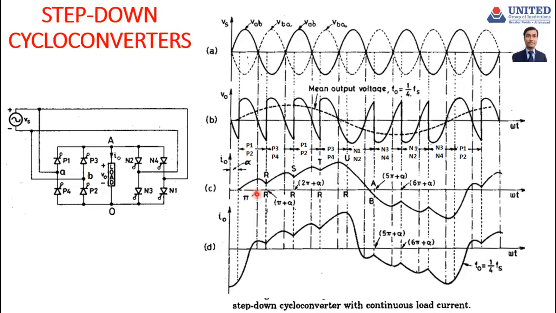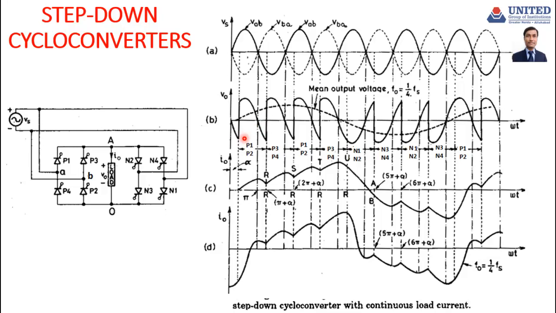It is also due to the inductive load. So if the load is highly inductive, then conduction of the thyristors can be extended to omega t equal to pi plus alpha. Here the conduction angle is pi for P1 and P2.